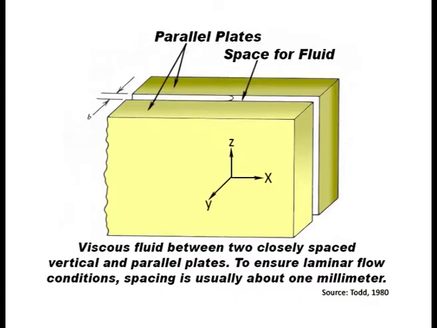As the name suggests, a viscous liquid flows between two parallel plates. The distance between the plates is about 1 millimeter, and this type of model was first developed by Hele-Shaw in the year 1897.